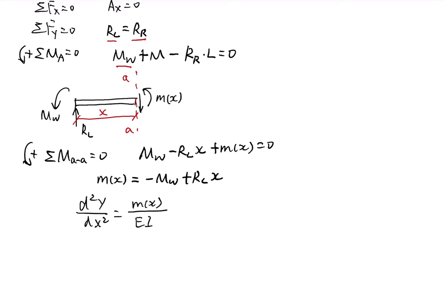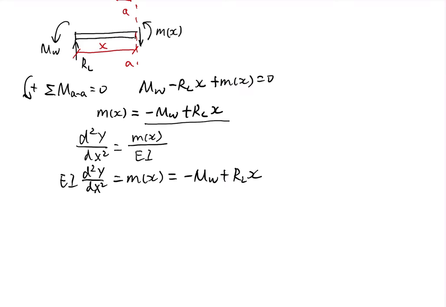If we put EI on the left hand side, we have EI d squared y over dx squared equal to mx, and mx we have derived, so it's equal to negative MW plus RL x. So we need to do two integrations.